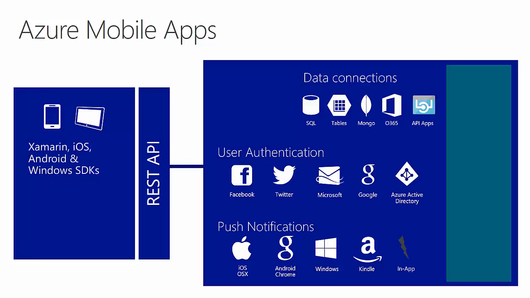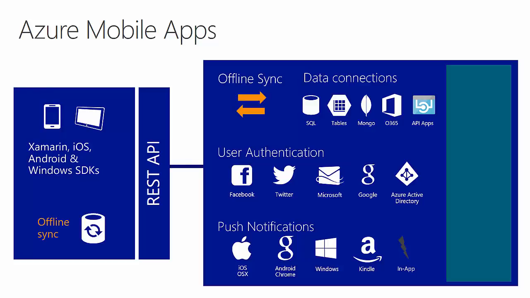It also bundles with it authentication, so you can either roll your own if you want to, or you can use Azure Active Directory, or use any one of these other federated providers that you have, like Facebook or Twitter or Microsoft. It also includes a feature called push notifications, which is a topic on its own, but it's quite an interesting, powerful facility for you to be able to broadcast messages out to a variety of devices without having to worry about what the configuration for those devices is.